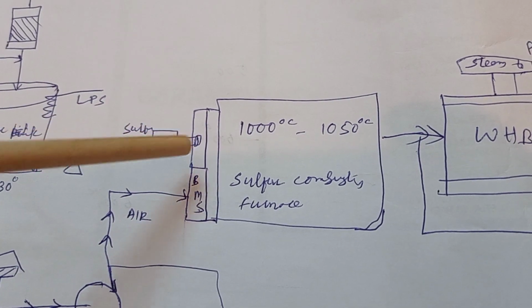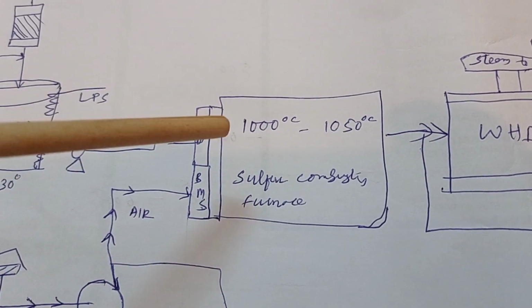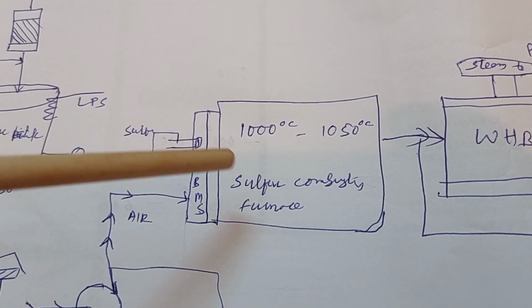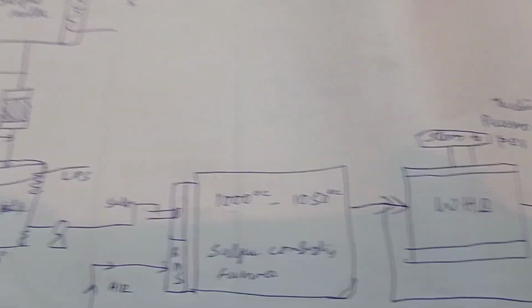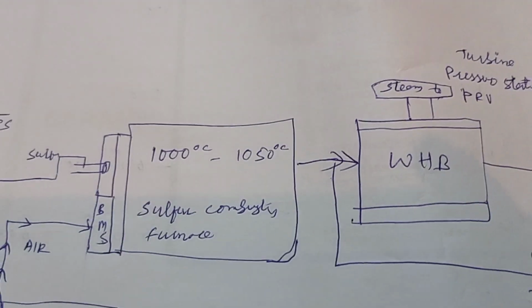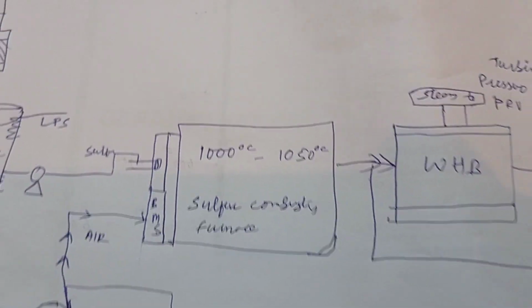Diesel will be sprayed, the igniter will give the ignition, and then the air is introduced and continuous combustion takes place. When combustion takes place, it increases the temperature slowly. So this is how we have to raise the temperature for the first time.